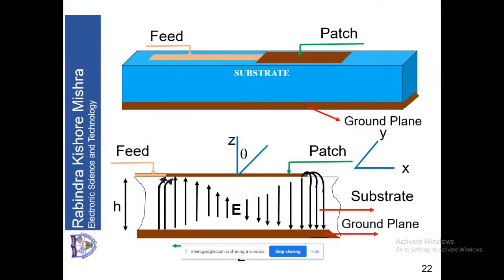Now what do you mean by field distribution? I have said in the last class that at both the ends of the patch we have open circuits, which means current is 0, voltage is maximum at both the ends.